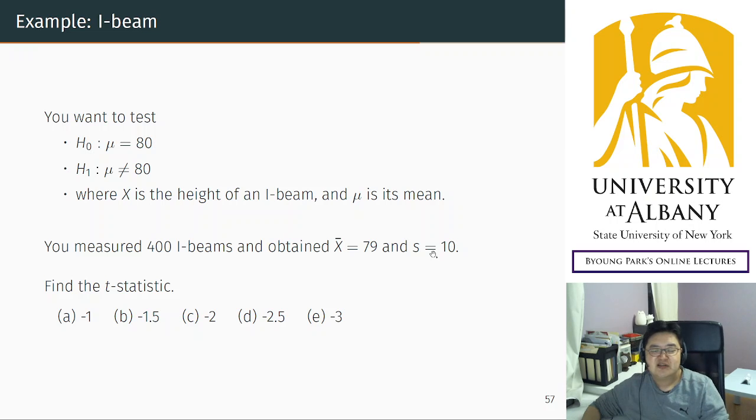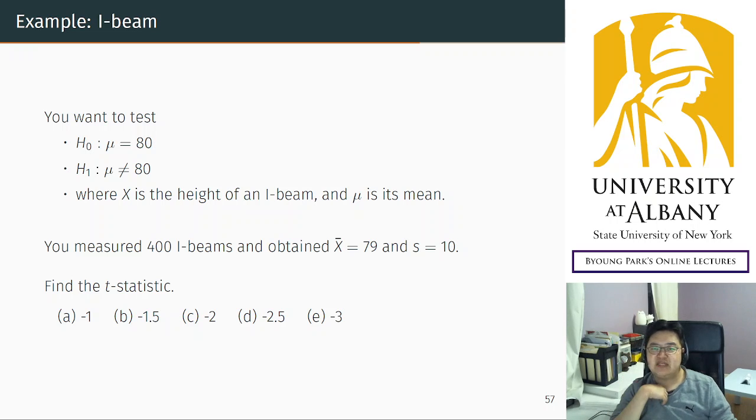Of course 10 millimeters sounds like too much, but let's keep it simple, so I just chose a simple number. By the way, the sample average is 79 millimeters.